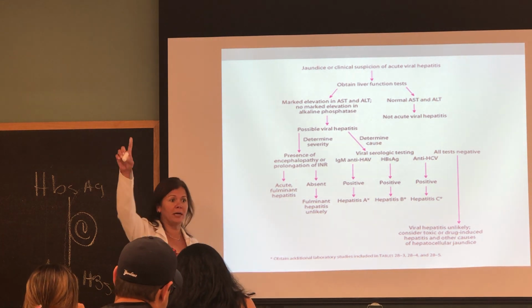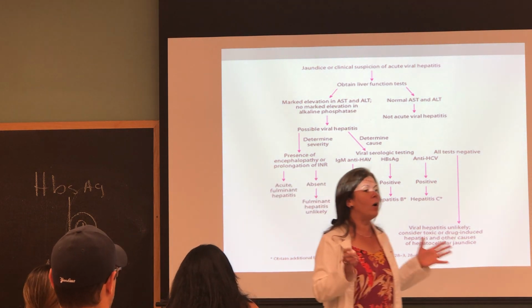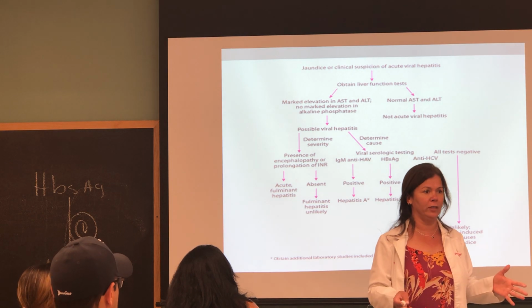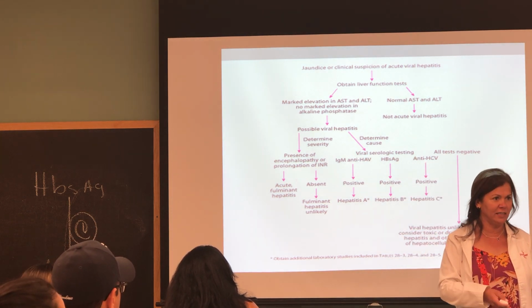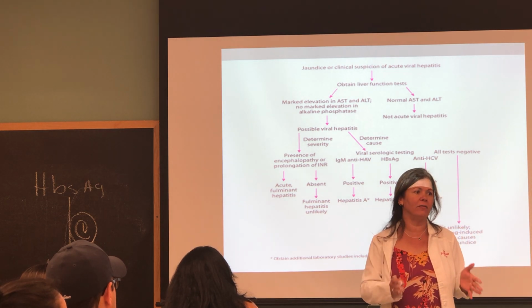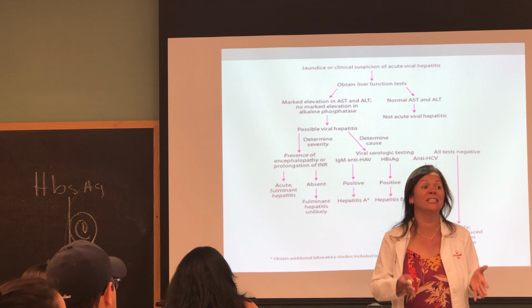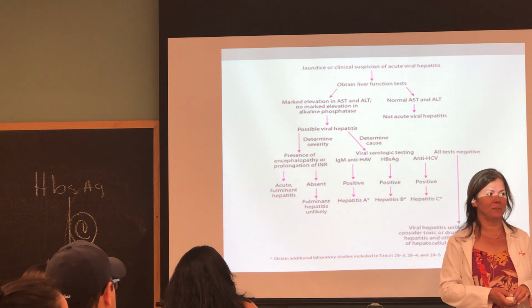I had a question back there during the break: why patients in recovery will have the antibody against the surface, and chronic patients still would have the hepatitis B surface antigen. Okay? What do you think?